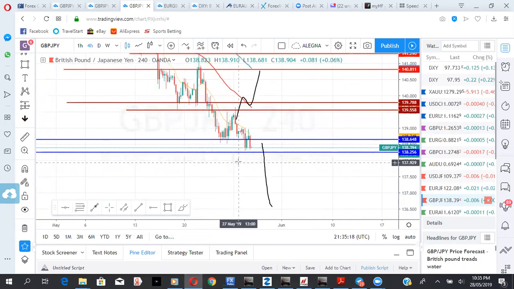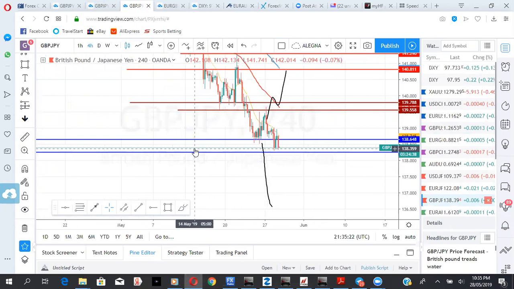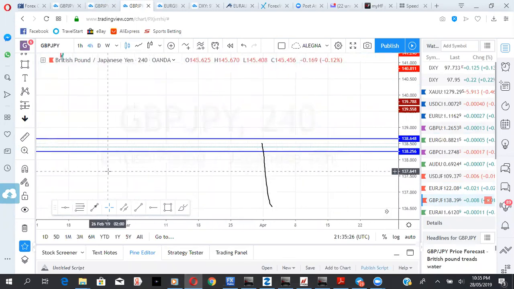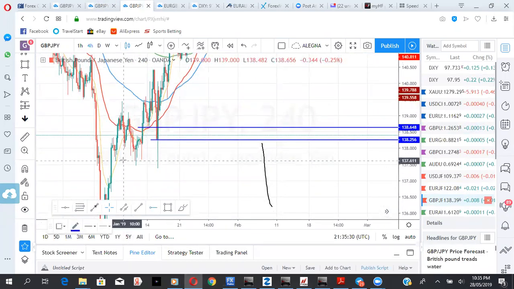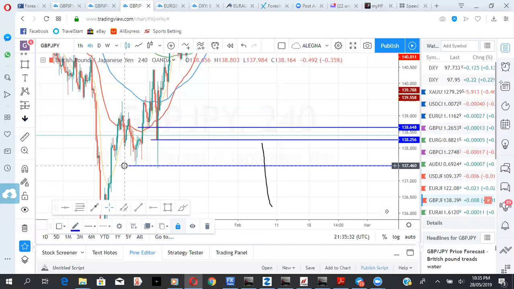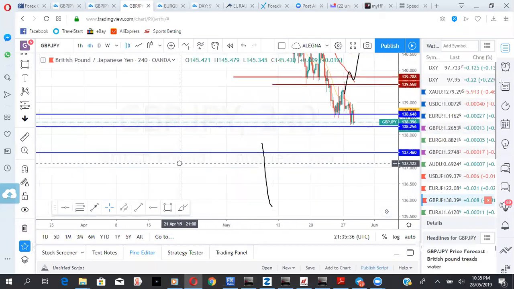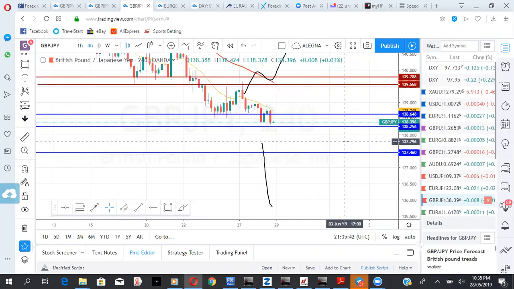Now the question is, we might be looking at a double bottom here, because this low, there's a tendency it might give way. We might be looking at price coming down here. That level might give way. So we might be looking at price coming to 137.46.